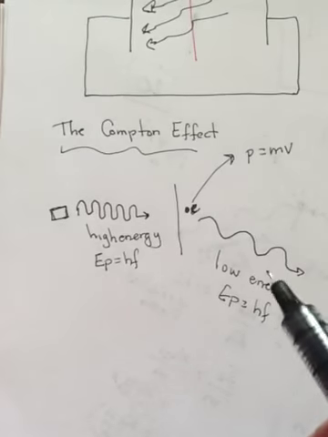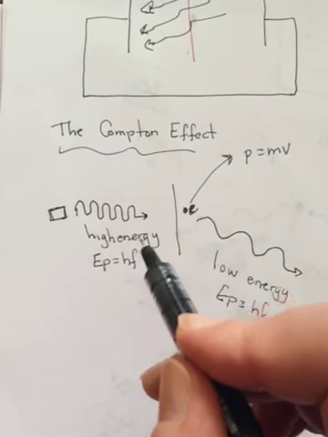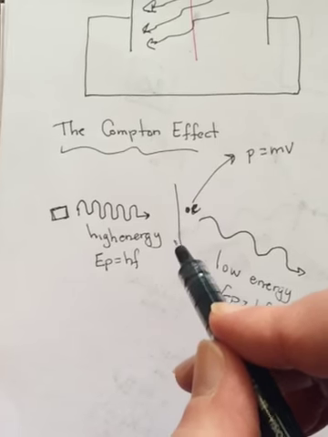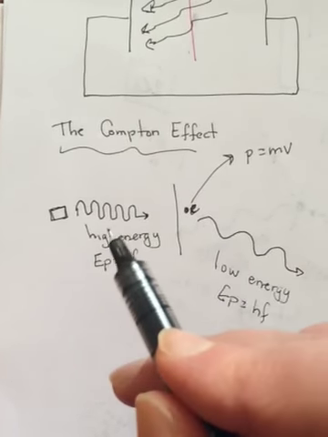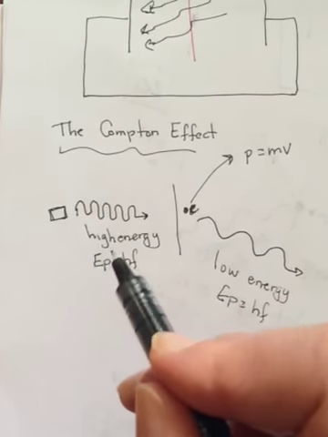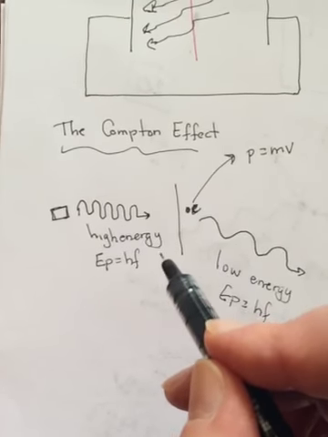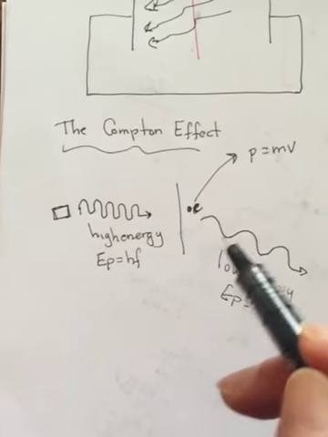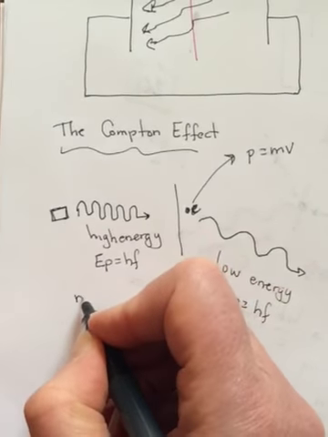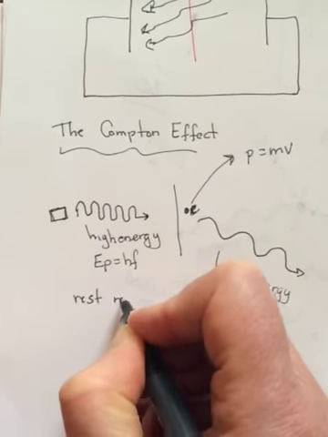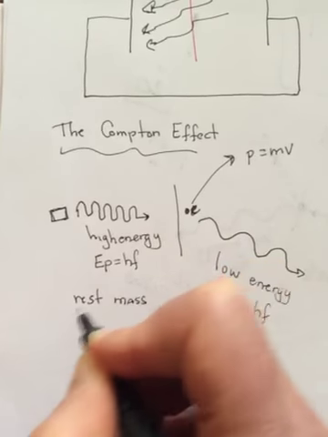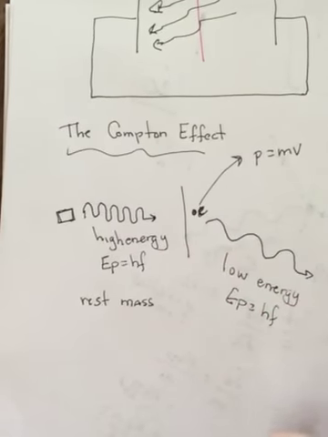Okay, so we know that no particle that has mass can travel at the speed of light. And we know that a photon is light, a little packet of light. So we have to assume that it has no mass. We often talk about it having no rest mass, meaning if you could stop it, slow it down, it wouldn't have any mass.